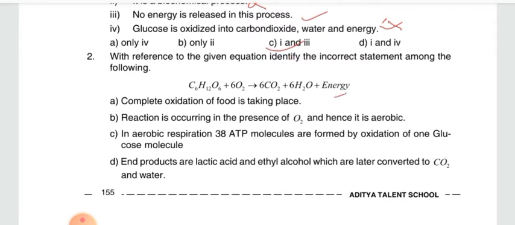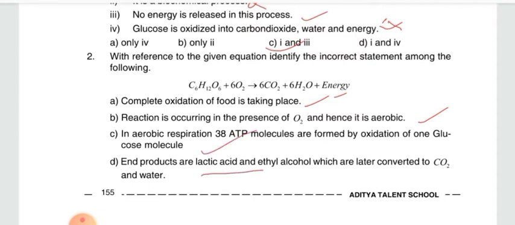With reference to the given equation, identify the incorrect statement. Glucose is giving this and that, so this is the cellular respiration equation. Complete oxidation of food is taking place. True statement. The reaction is occurring in the presence of oxygen, hence it is aerobic. True statement. In aerobic respiration, 38 ATP molecules are formed by oxidation of one glucose molecule. True.